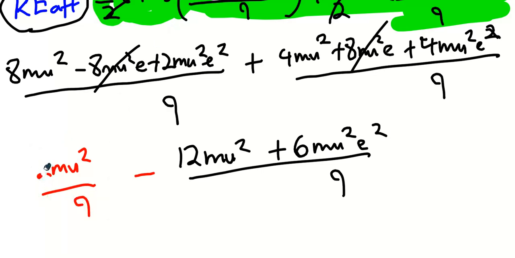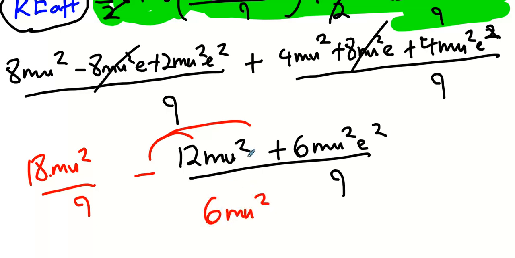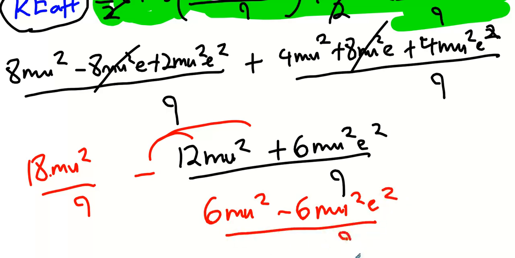So I'm going to turn that into 18. Now, remember, it's a double negative. So it's going to be 18 take away 12, which is 6mu squared, yeah? And then minus 6mu squared e squared over 9.